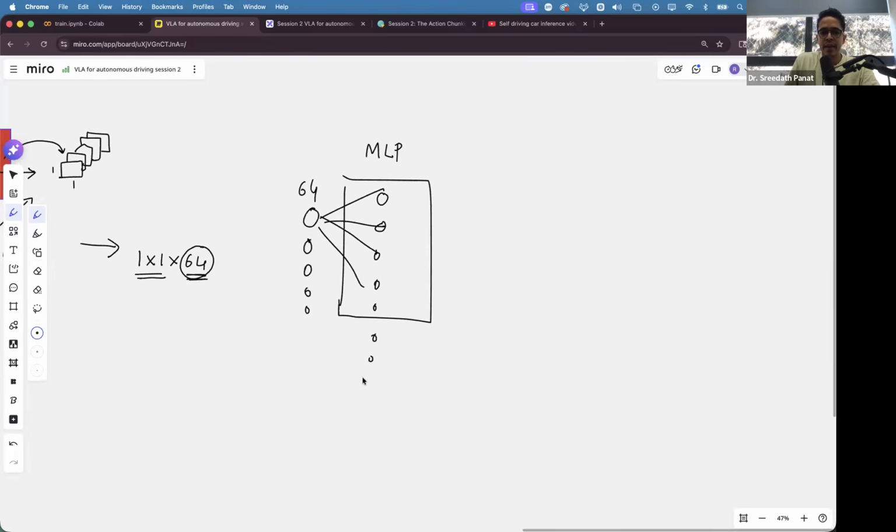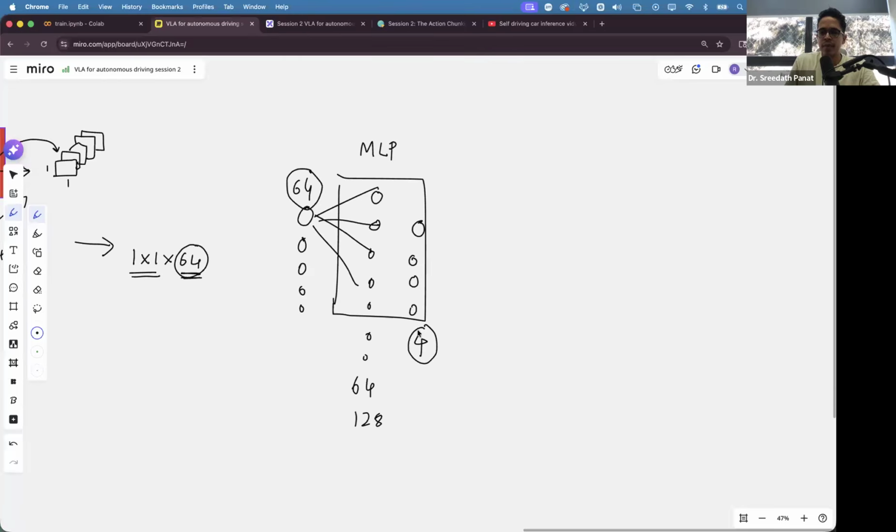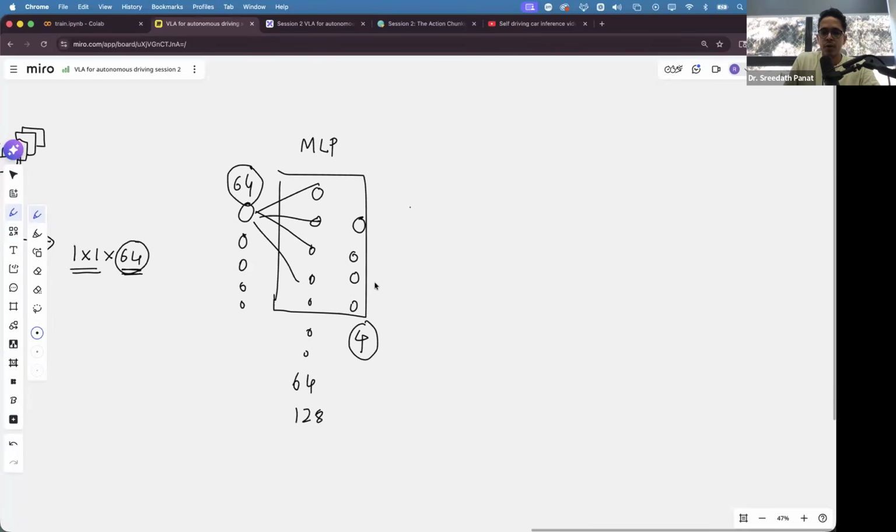It can be 128 depending on what the architecture looks like. But the last layer will be how many? 4. So you go from 64 dimensions into 4 dimensions. There will be ReLU also, I'm not writing it, or some other activation function, and there will be a 4-dimensional output.